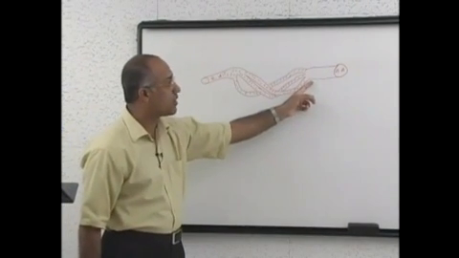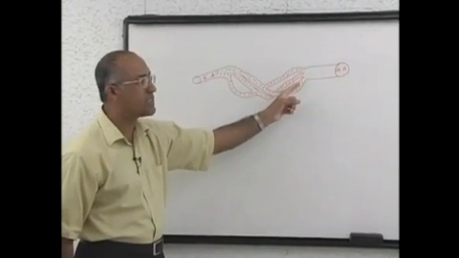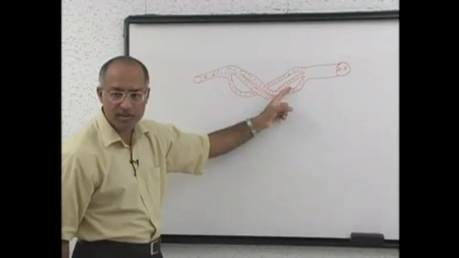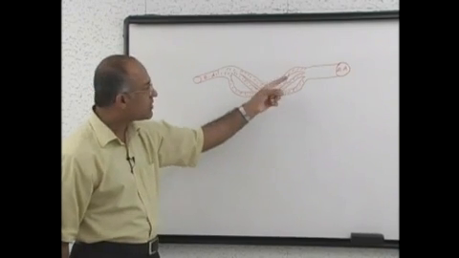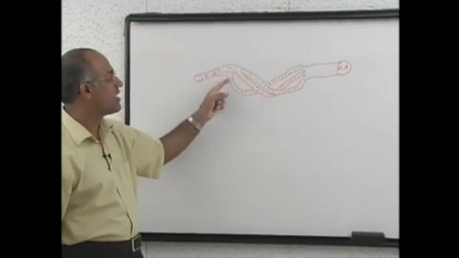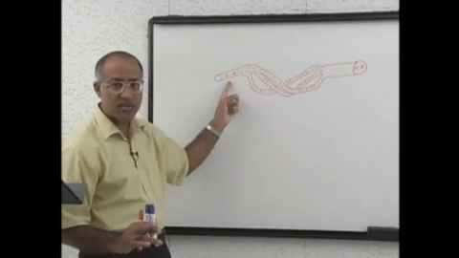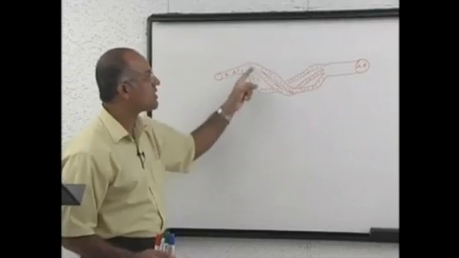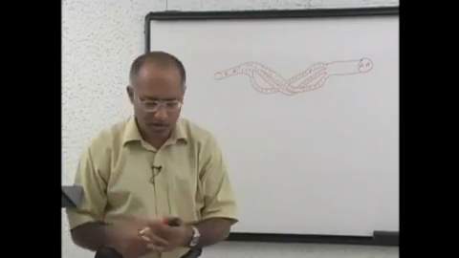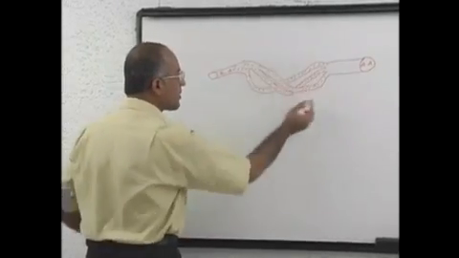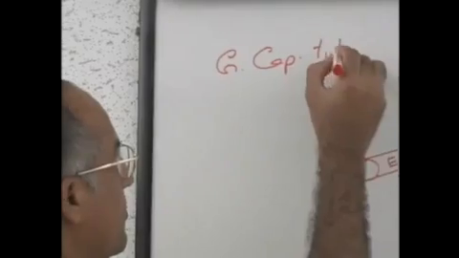I have shown just 3 loops of capillaries, but actually it breaks down into many loops, and these channels eventually unite together and make the efferent arteriole. This whole bunch of capillaries is called the glomerular capillary tuft.